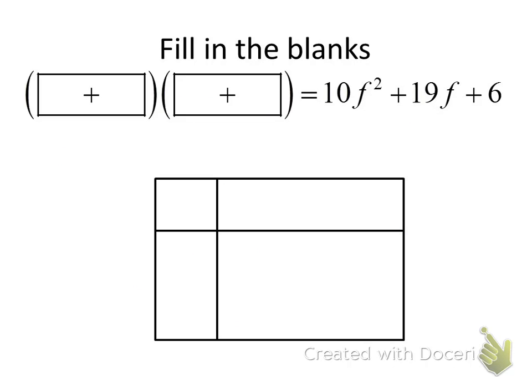You have 10f squared plus 19f plus 6. Nico, can you pick that up for me, please? Use your note sheet. Complete step 1. So if I'm going to complete step 1, the first thing I need to do is determine what? What's step 1 on your notes say?